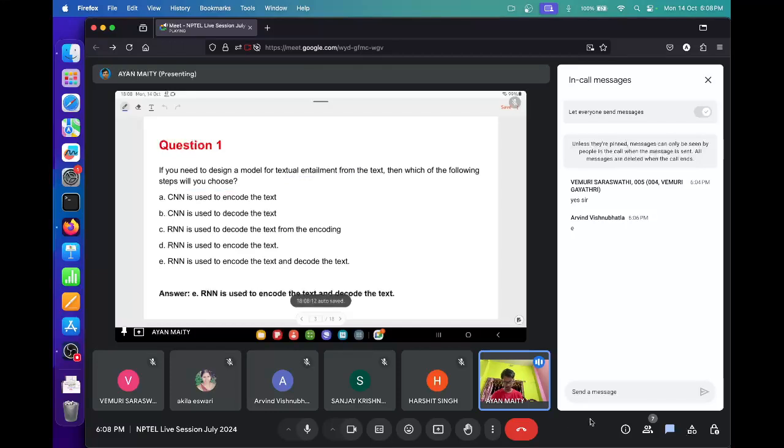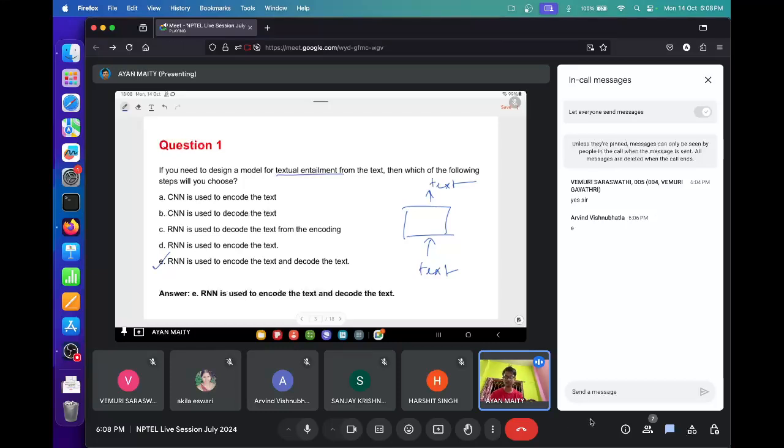So the correct answer in this question is option E, that RNN is used to encode the text and decode the text. In this task of textual entailment, input is text and output is also another text. If the input is text, the encoder has to use RNN, because text data needs to be fed to the RNN.